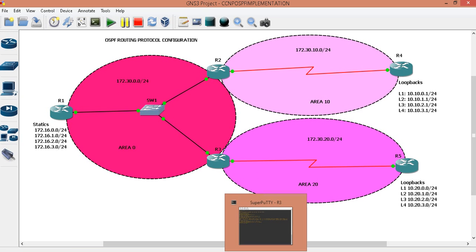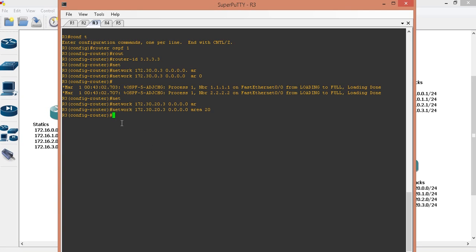By now we should be seeing some neighbor relationships forming. You see the OSPF process 1 loading to full. Those are the stages of the neighbor relationship process. You have to know the stages involved in the OSPF neighbor relationship. It starts in the down state.